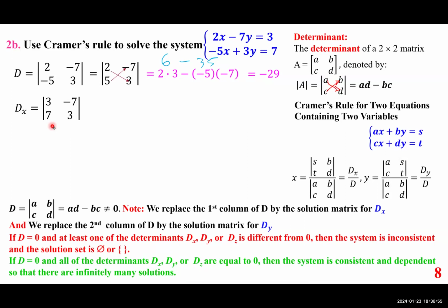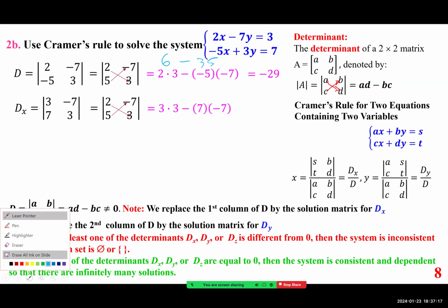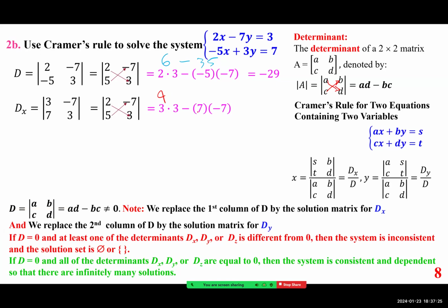So what do we get now? We multiply these two, 3 times 3 minus, multiply these two. So what do we have? 3 times 3, let me just work it out for you. 9, and then minus times minus is plus 49, we get 58.